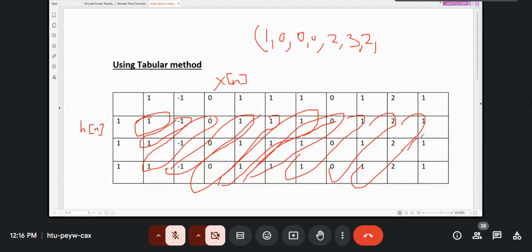And this is 3. Then this is 1. So this is 2, then again 2, then 3, then 4, then 3, then 1. So these samples are 1, 2, 3, 4, 5, 6, 7, 8, 9, 10, 11, 12.